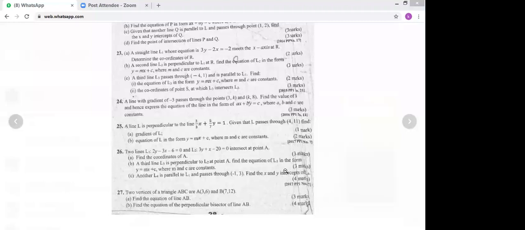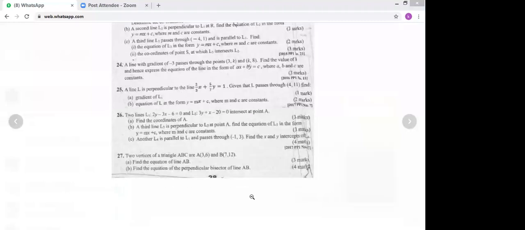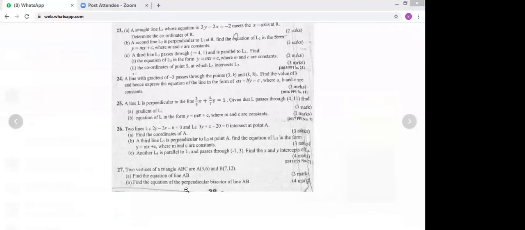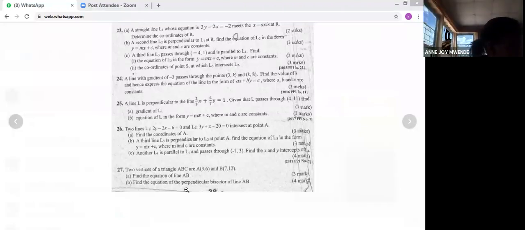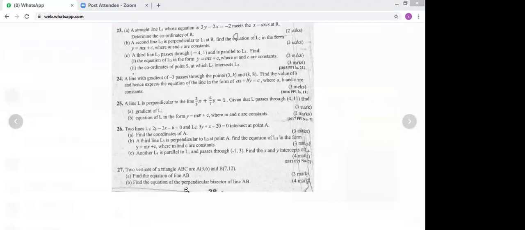What I've done is I've found the reciprocal of the first gradient because we have been told the line is perpendicular. Then since we have the coordinates of the line, I've equated them, and I've done minus 3 over 2 is equals to y minus 0 over x minus 1.